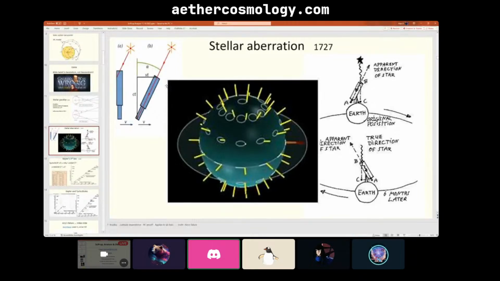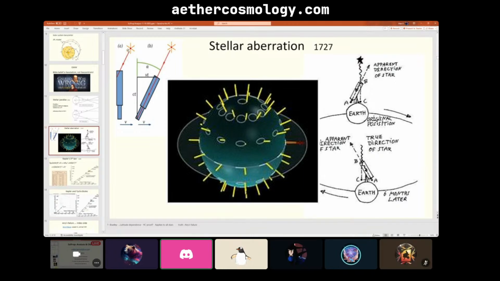I think I described that by saying that in the upper left you have the need to tilt the telescope, no matter where you are on Earth. You never look at a star directly. It turns out you always have to tilt the telescope at some small angle between 0 and 5 degrees.